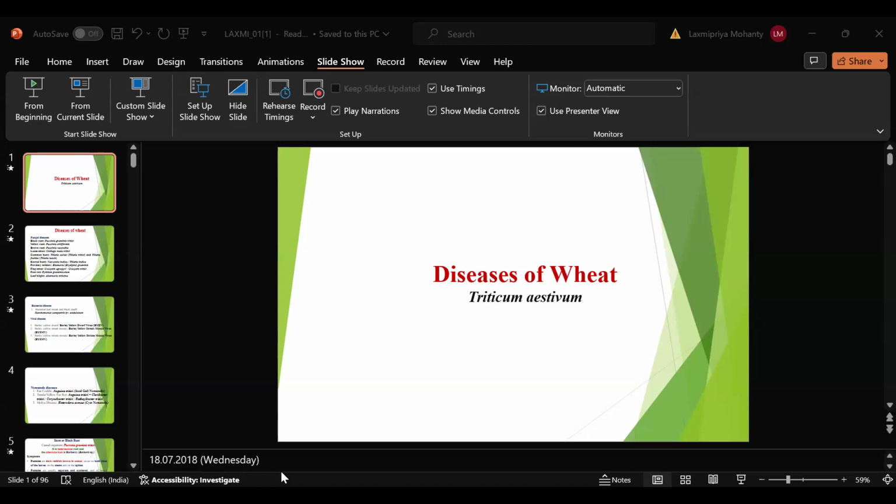Actually, I'm a student of BSc Agriculture in LPU, and as an agriculture student, the most important thing is what is affecting the crop yield. The major factors are diseases or pests or something.